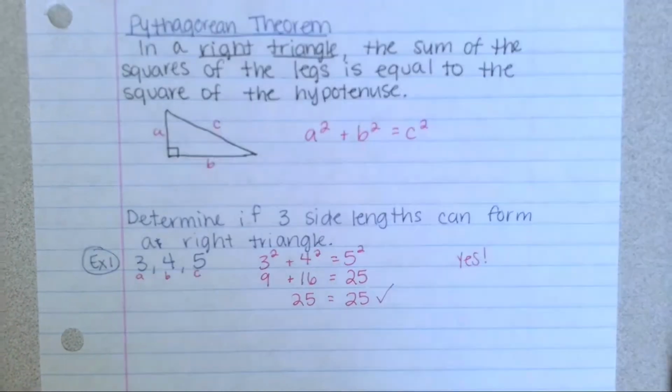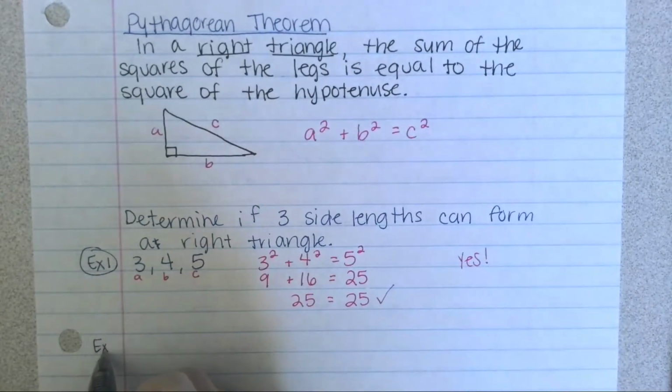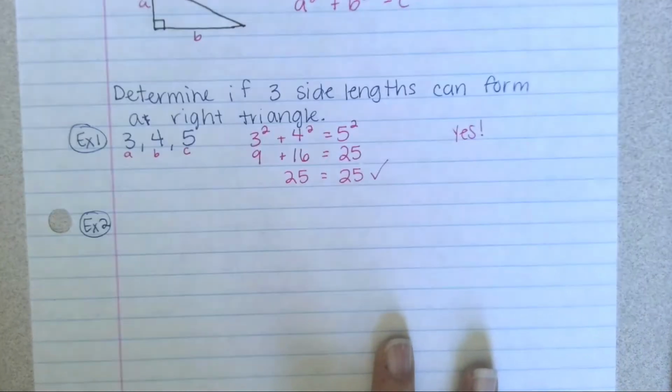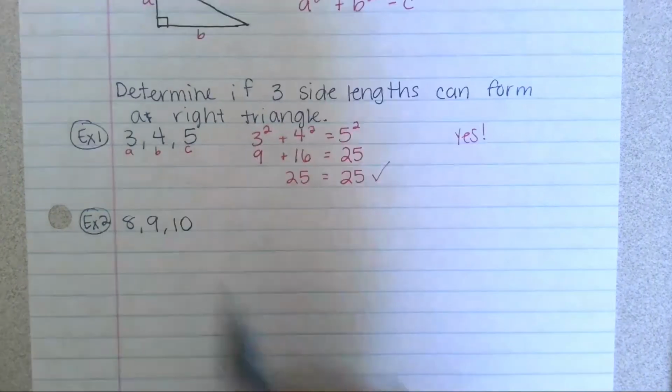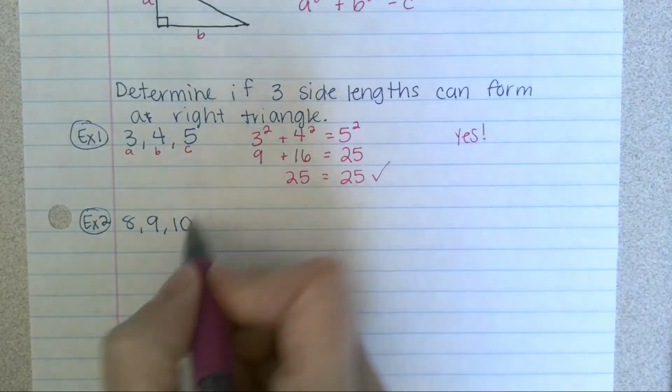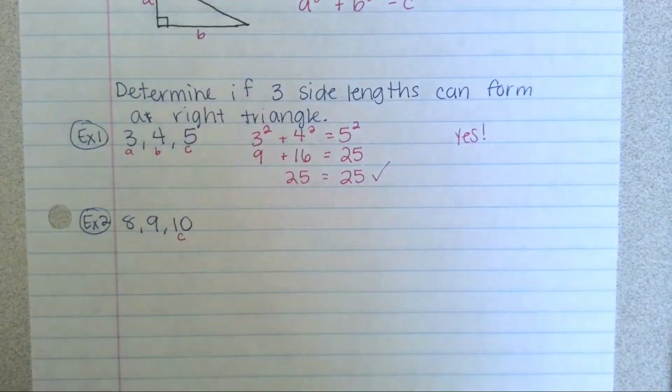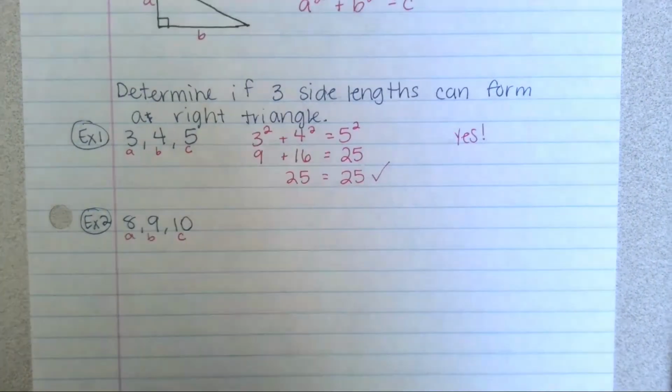Let's look at another example. For this one, I have side lengths 8, 9, and 10. So the longest side, the biggest number, is C. I'll just label these A and B in order.